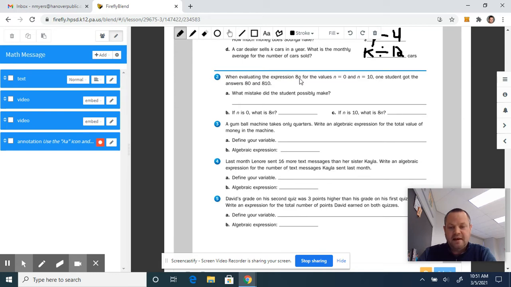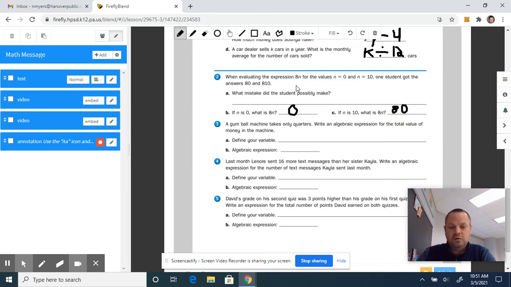That'd be 8 times 0, and I know that 8 times 0 is 0. So if n is 0, what is 8n? It would be 8 times 0. Anything times 0 is 0. If n is 10, that's 8 times 10, which is 80.